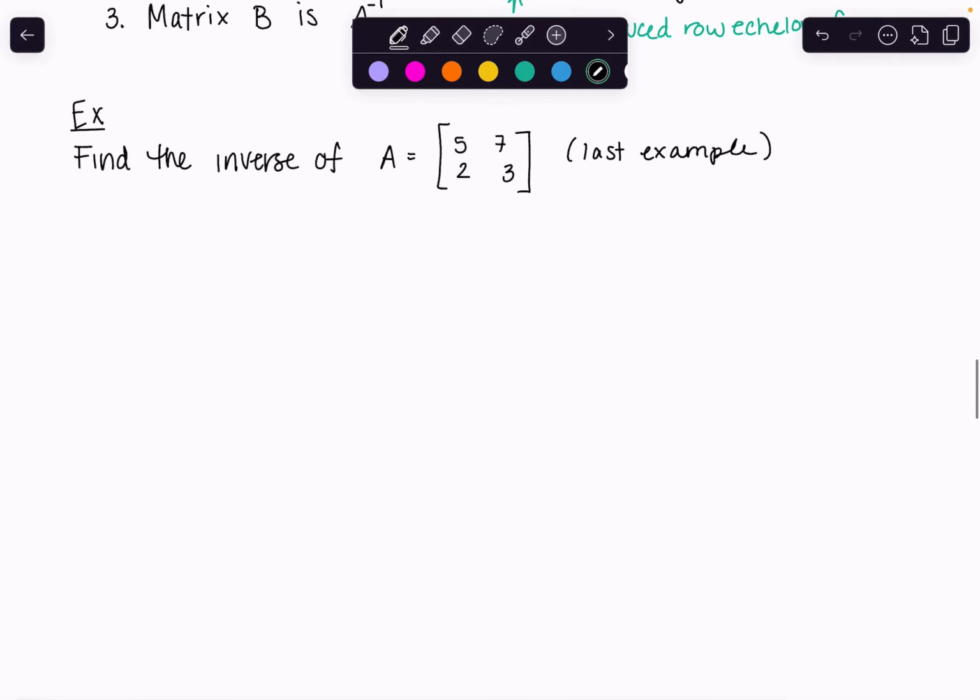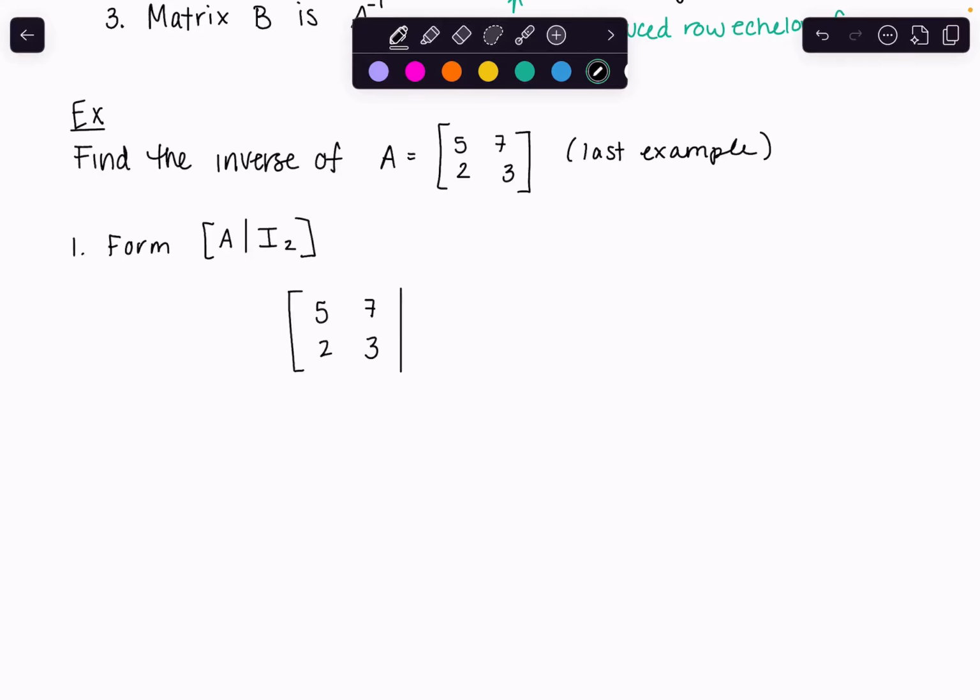So the very first thing I do is I form that augmented matrix where I put A and then I put the identity of the same size, which in this case is a 2 by 2 matrix. So on the left-hand side, we have the elements 5, 7, 2, 3.